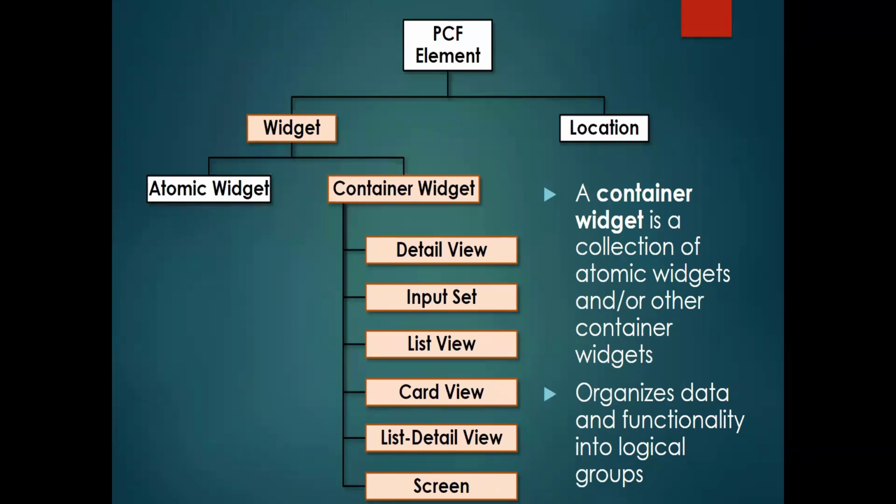So these four or five fields are combined together. They can be used in multiple other places, in multiple other screens. So we create one PCF file which we can refer to in multiple other places as well.